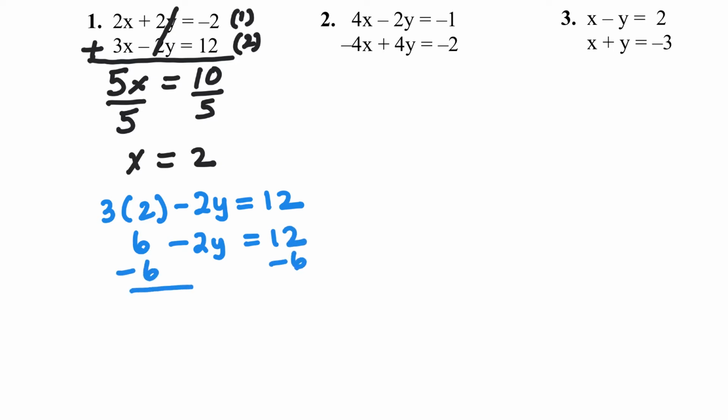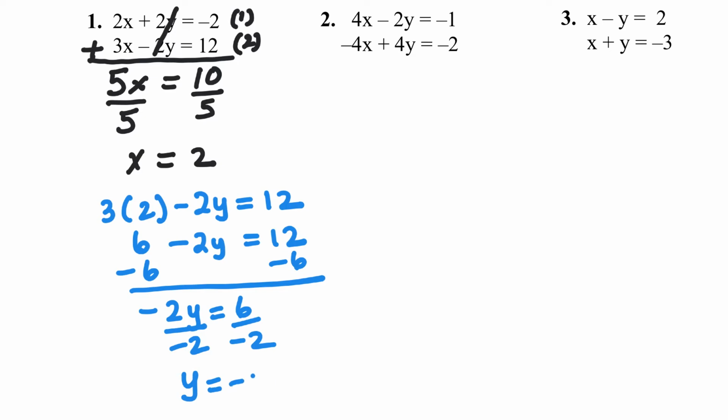Subtract 6. We have negative 2y equals 6, divided by negative 2. We have y equals negative 3. So the solution to this system will be 2 comma negative 3.